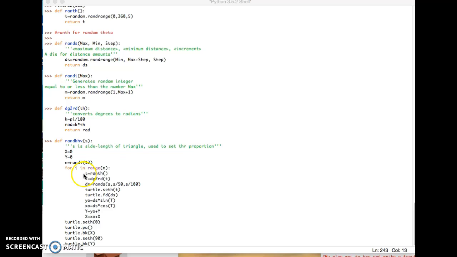So random angle, convert that angle to radians, whichever one, I forget.